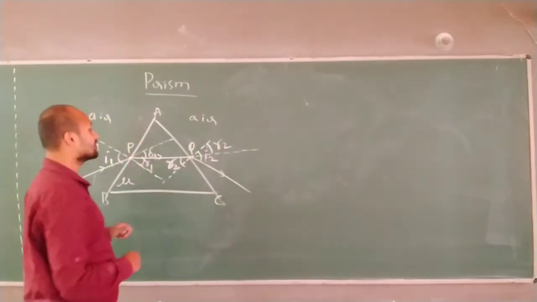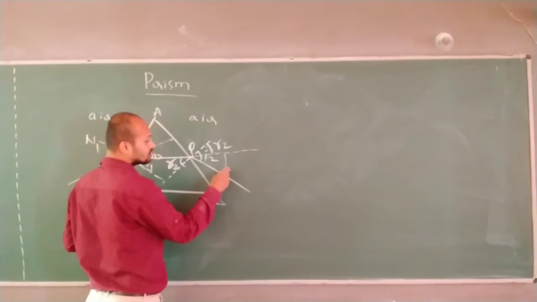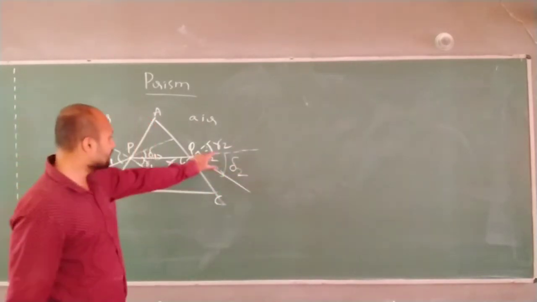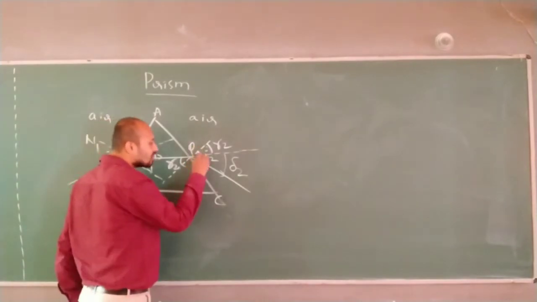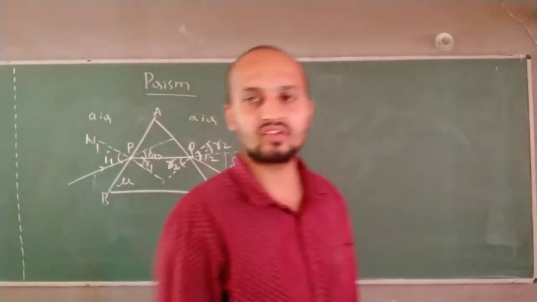If this angle is R2, this is the deviation dou 2. Dou 2 is I2 minus R2.